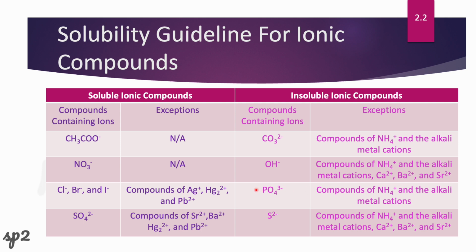Phosphate would be typically insoluble unless we have that with ammonium and alkali metals. And we also have sulfide, that is typically insoluble unless we have that with ammonium, the alkali metals, calcium, barium, and strontium. And again, you don't need to really memorize this table. This would be provided to you.